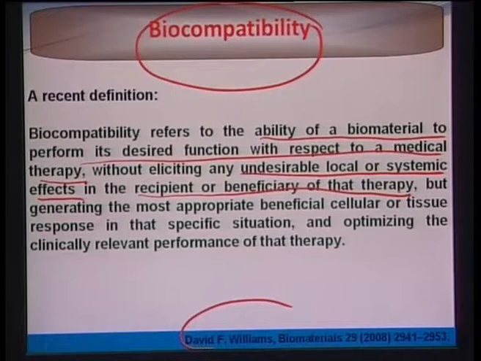But generating the most appropriate beneficial cellular or tissue response. Most appropriate beneficial cellular or tissue response means how these cells will behave when they come in contact with the biomaterials.